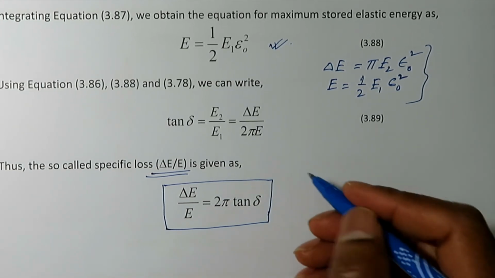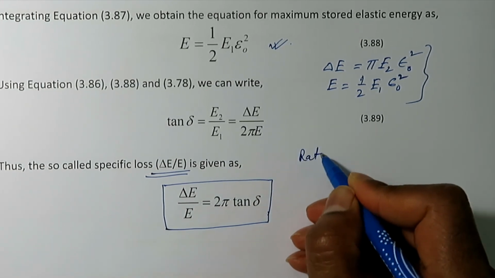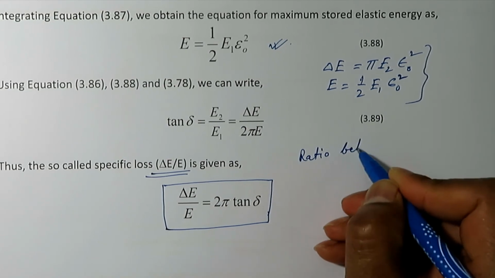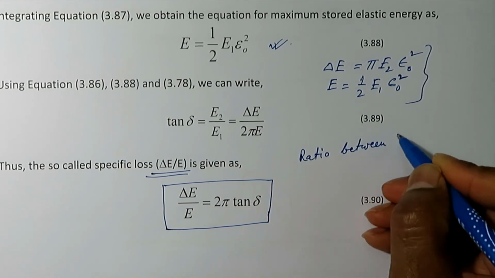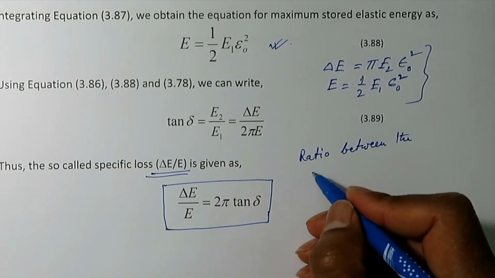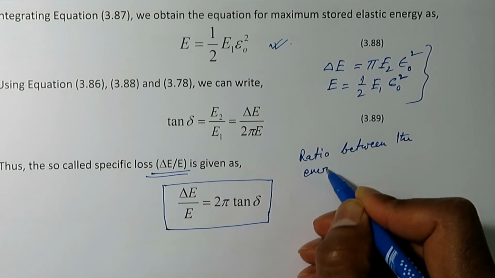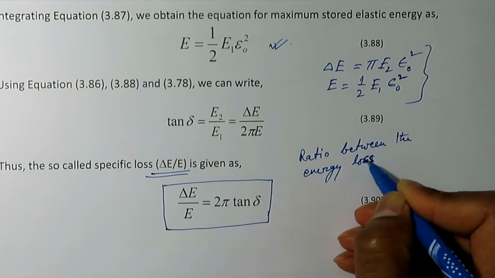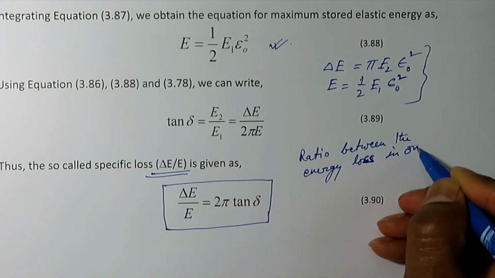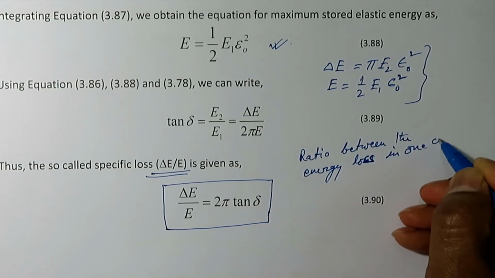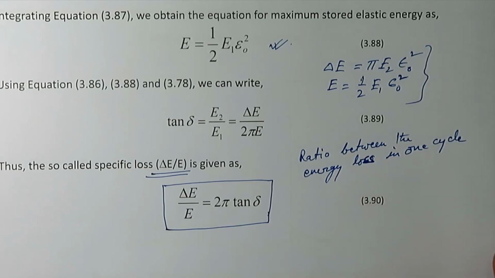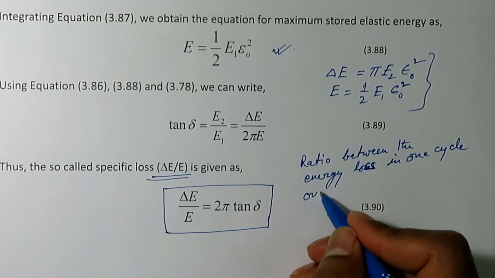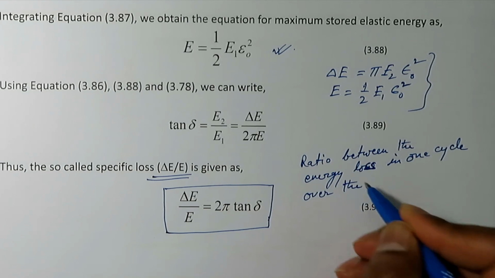So this gives us the ratio between the energy loss in one cycle over the maximum energy storage.